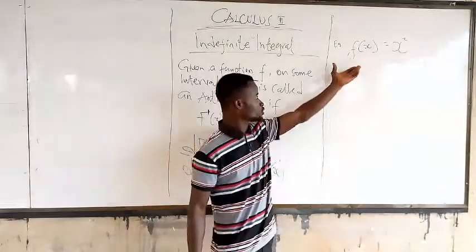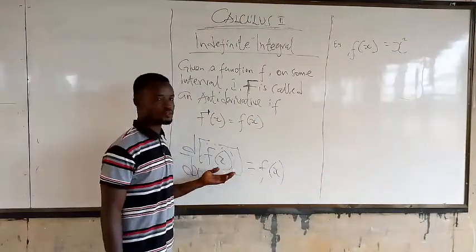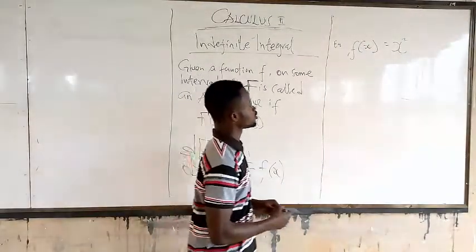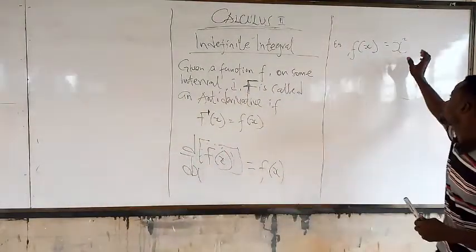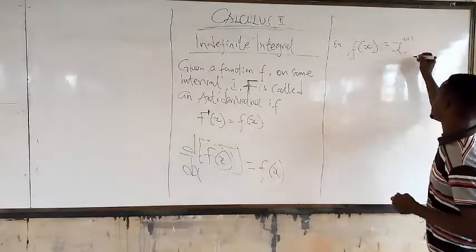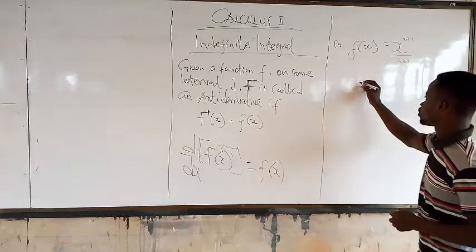We are going to use this example to explain further the indefinite integral. I will show you how to take integration, but this is how you do it: you add 1 to the power, and whatever you get, divide by it.